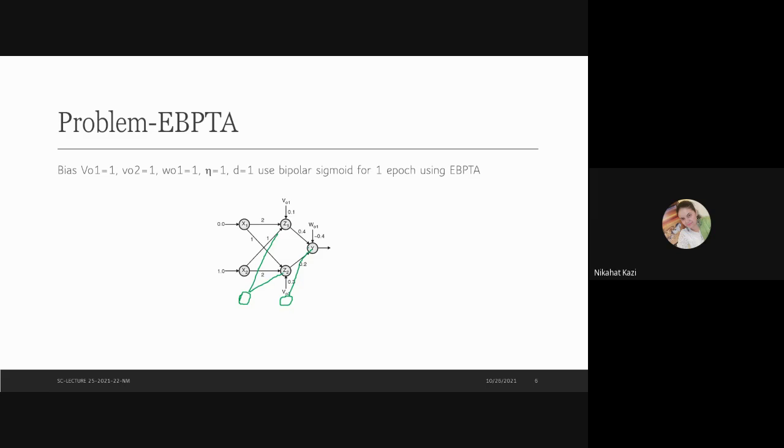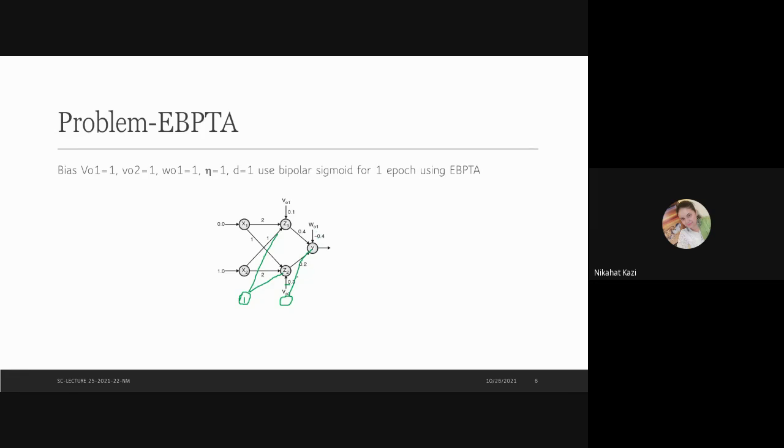So this is a fixed input one, which is actually connecting to Z1, and the weight value is 0.1. And the same fixed neuron is connecting to Z2. The weight is 0.3. Similarly, for the bias connecting from the hidden layer to the output neuron, the weight value is minus 0.4.